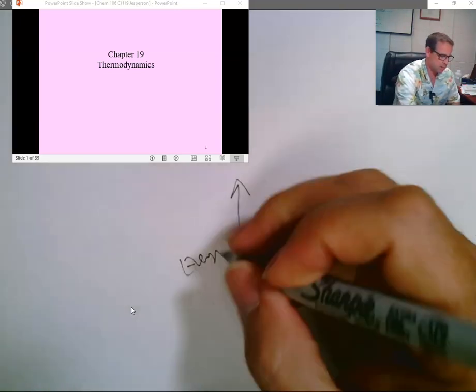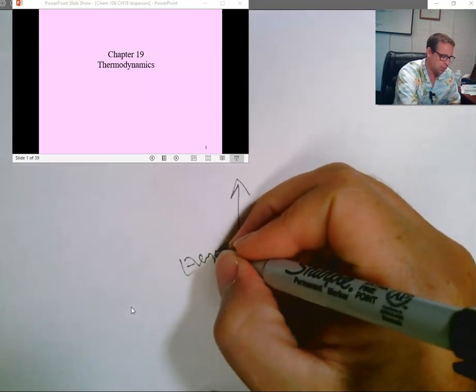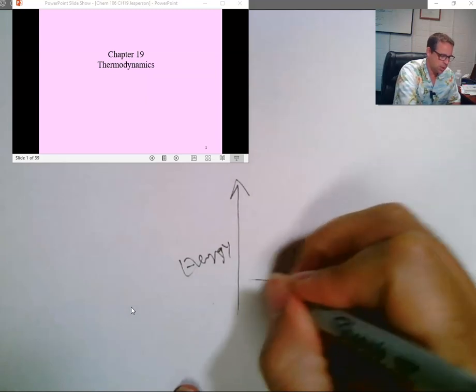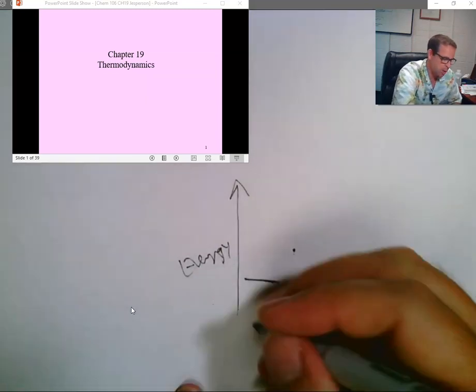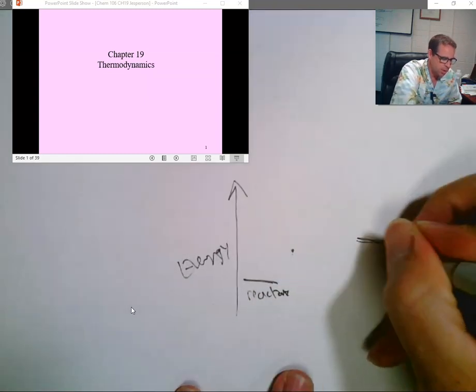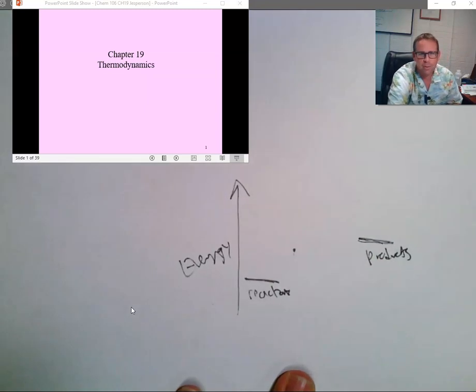Thermodynamics is something we've discussed before, but we've always discussed it in terms of energy diagrams, where we look at the energy of maybe our reactants and compare that to the energy of our products, right?